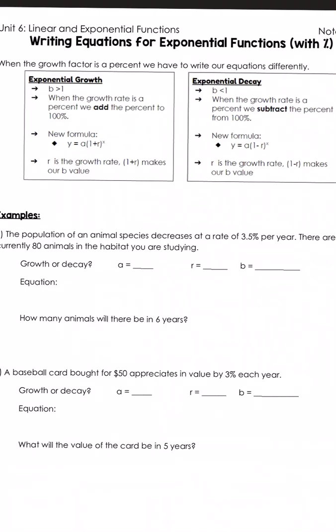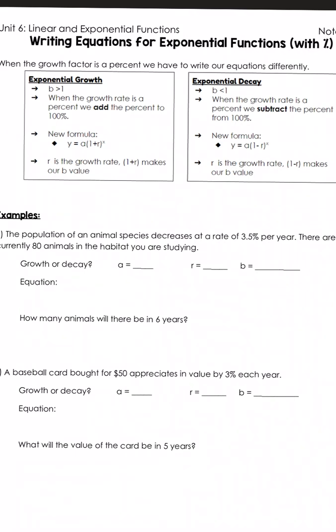In our notes for today, we're still writing equations for exponential functions, specifically with word problems. And in all of today's problems, our growth rate is a percent. This makes things a little bit different because if I have exponential growth, then to find my b value, I know it's going to be greater than 1 because things are increasing.